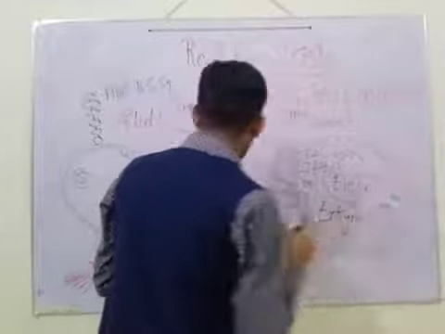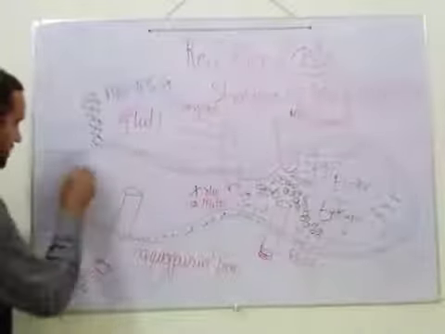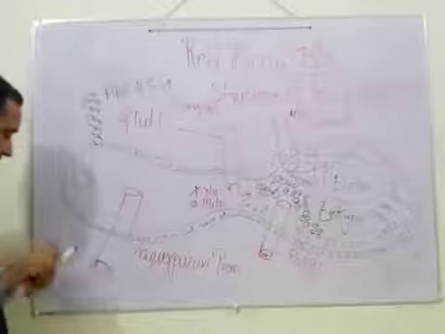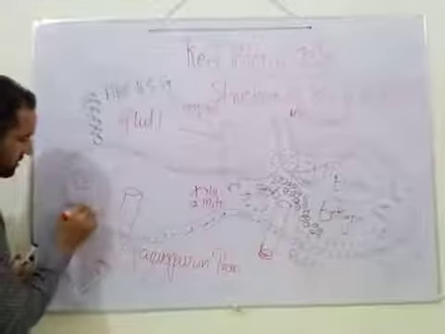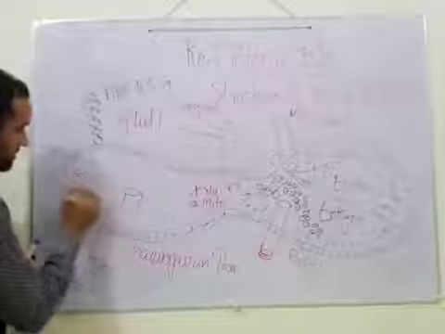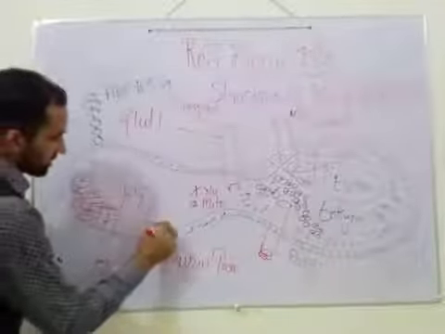This is actin protein. And here I am drawing spectrin protein in red. This is spectrin protein, which makes up the cytoskeleton of red blood cell.